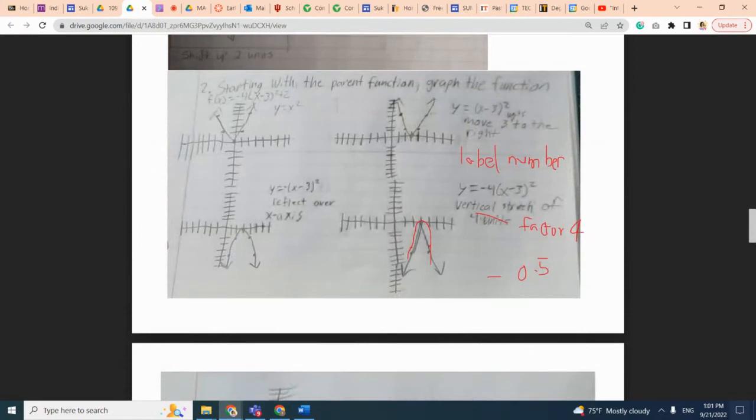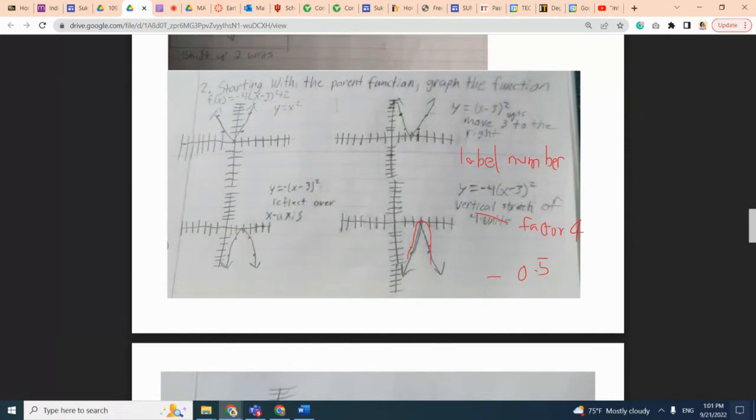And then here, please label the numbers, okay? When I grade your exam, we have 33 students, right? A lot of exams that I need to grade. So please label the important points. Is that okay, everybody? Label the important points. You don't expect me to count 1, 2, 3, 4, 5, 6, 7, 8, 9 for each student, right? So please label them.